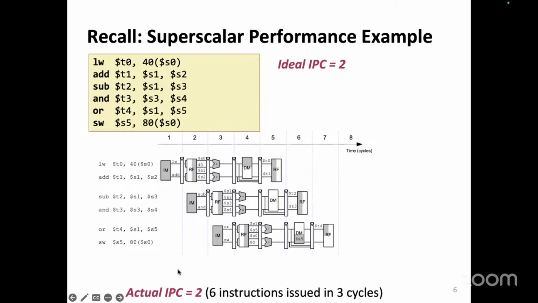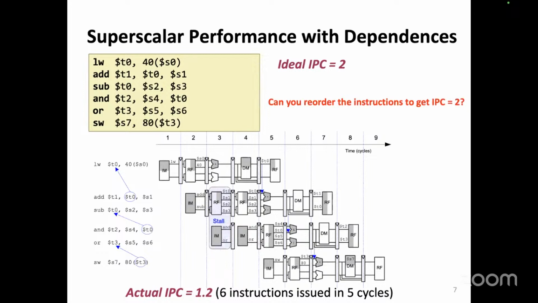That sounds good. But we also saw an example where there were some dependencies between instructions, as you can see. As a result, you are not able to, let's say, finish 2 instructions per cycle, and your instructions per cycle can go down significantly in this particular case. And then I also asked the question in that lecture, can you do better? Can you reorder the instructions to actually improve the performance that you get out of a superscalar machine?